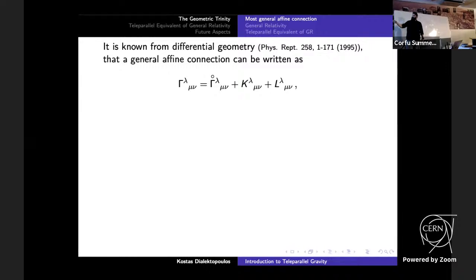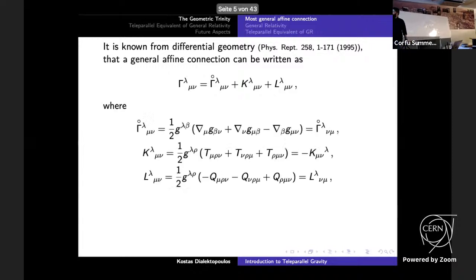The second, kappa, is called the contortion tensor, and the lambda the distortion tensor, and all of them have this form. So this gamma is the known Levi-Civita connection. Kappa is related to the torsion of the spacetime, or more precisely of the connection of the spacetime. And L, the distortion tensor, is related to the non-metricity of the connection of the spacetime.